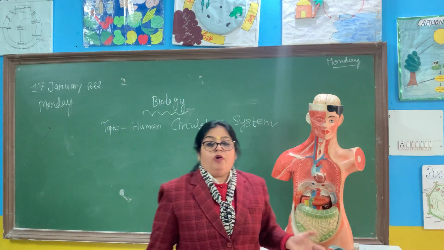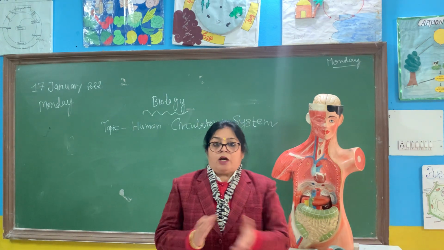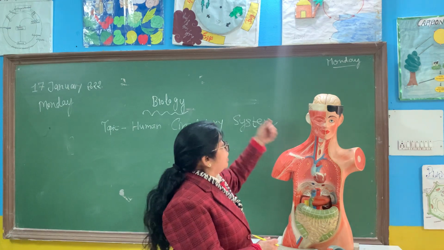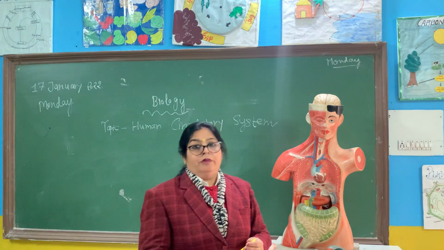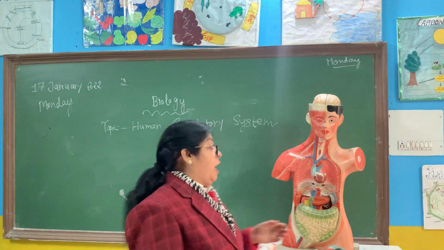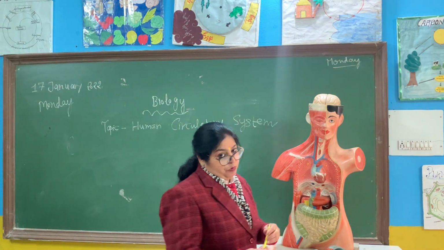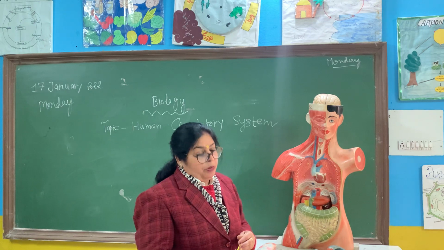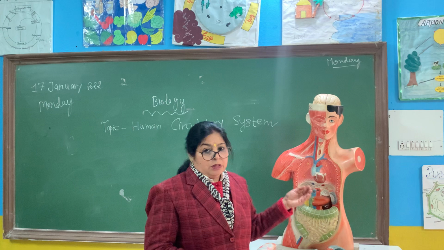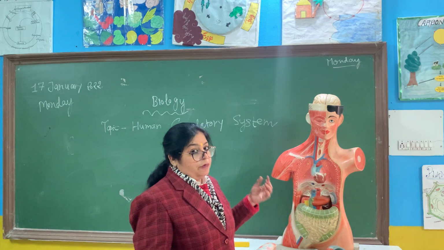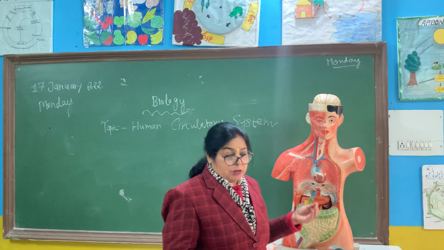We are all discussing the circulatory system of human beings. Many living beings have the open type of circulatory system, because their blood doesn't flow in vessels like in mammals. We have the arteries, veins as well as the capillaries.